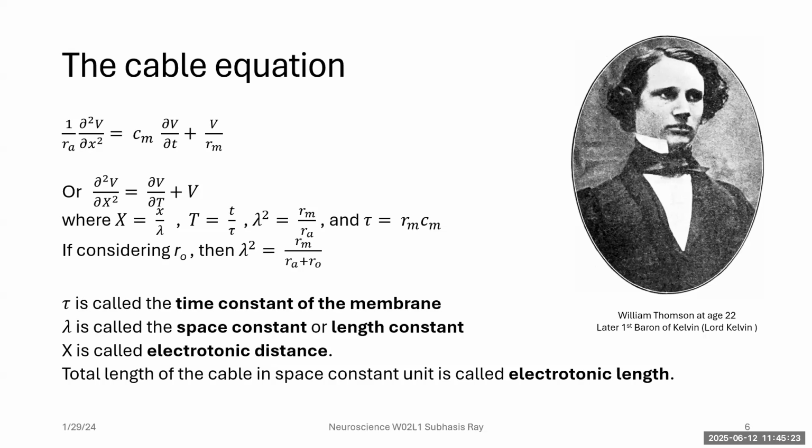Now, if we measure distance in terms of lambda, we take lambda as our unit, then we have a new variable, okay? And we can measure time in terms of tau. So we have a new time unit, which is tau.